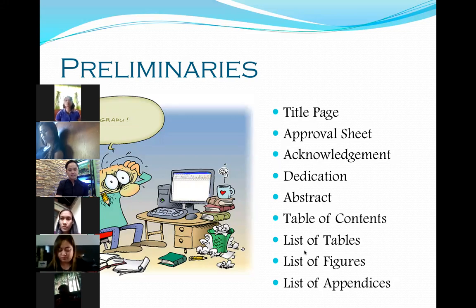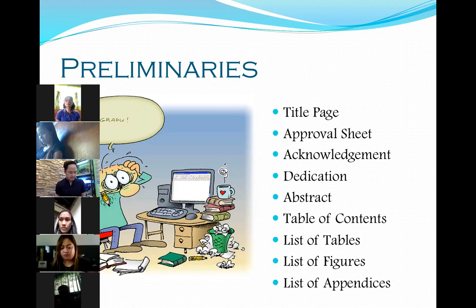Example of a table that you can see in your proposal is the respondents of the study. Usually naka-table yan. Table 1, respondents of the study, that is found in chapter 2. One example also of figure is your conceptual framework or conceptual model of the study, Figure 1.